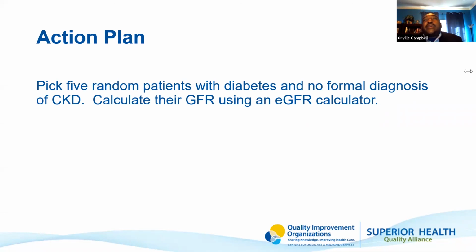The calculators online, you can find them, and you can deselect race as part of that. You can do cystatin C, GFR, and put those in the calculators. But again, cystatin C is not available in every institution or organization.